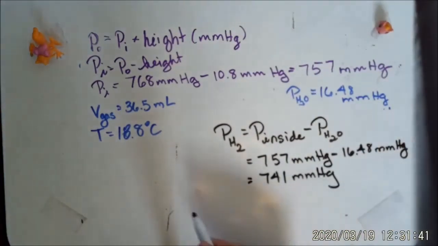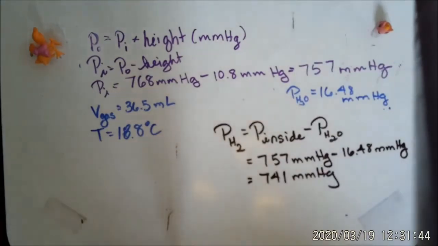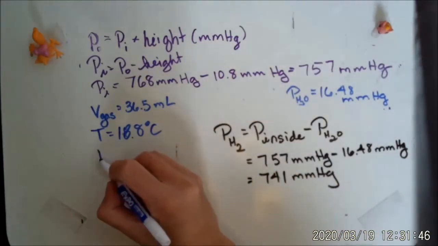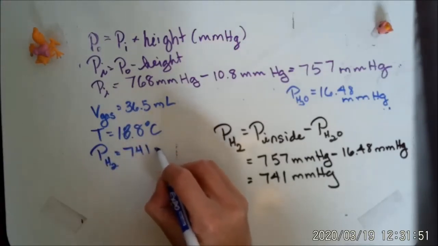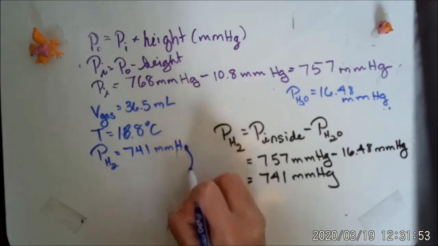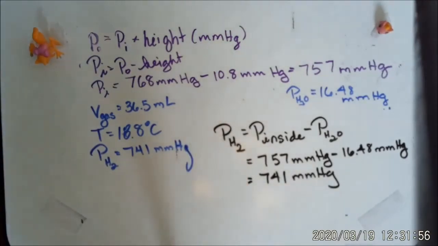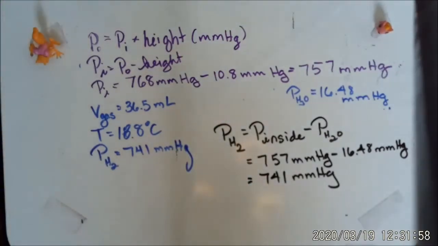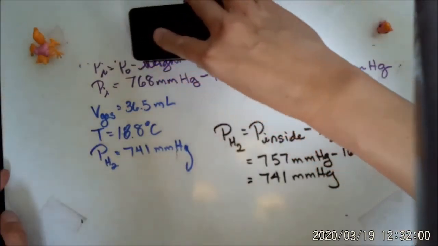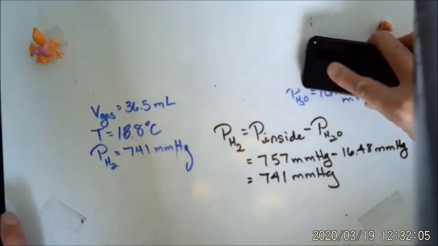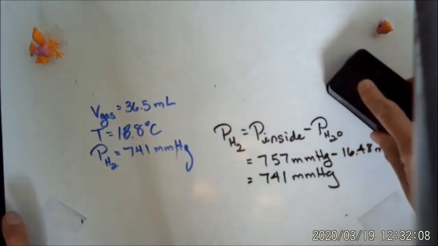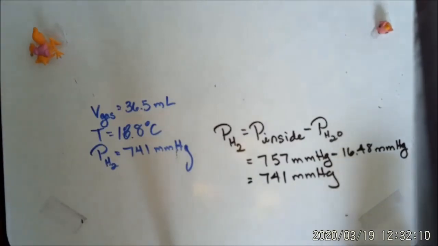Okay, so now we have the partial pressure of hydrogen. What are we going to do with all this data? Let's talk about that. We have gone through, collected gases over water, read our outside pressure, corrected it, looked at the height from the top of the water in the beaker to the top of the water, reading off the meniscus.